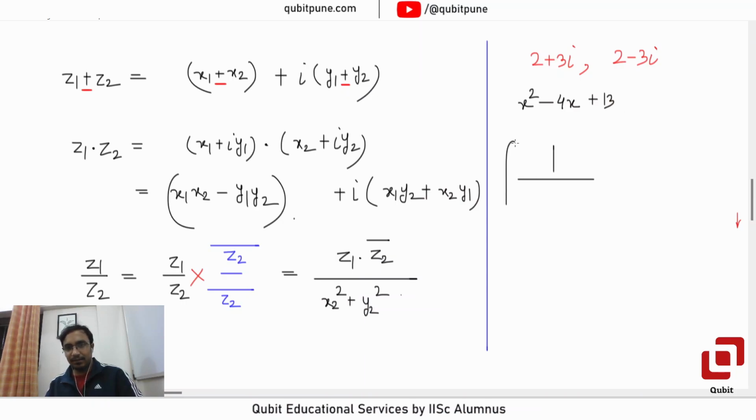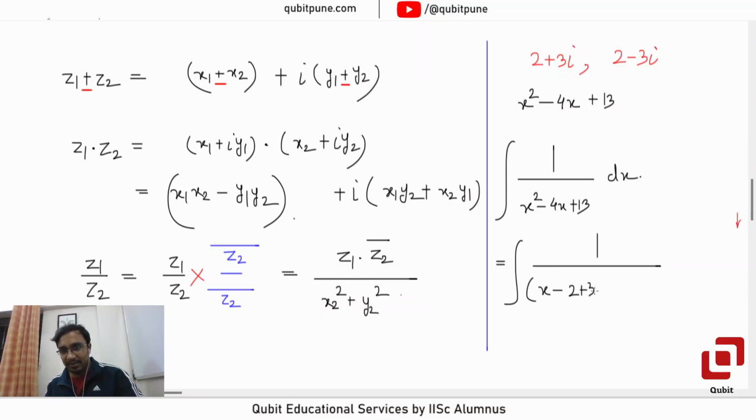So, let's consider the integral of this. Now in NCERT they say this is a quadratic factor which cannot be factorized further, but actually it can be factorized. It can be factorized into x minus 2 plus 3i in a bracket and x minus 2 minus 3i in a bracket.